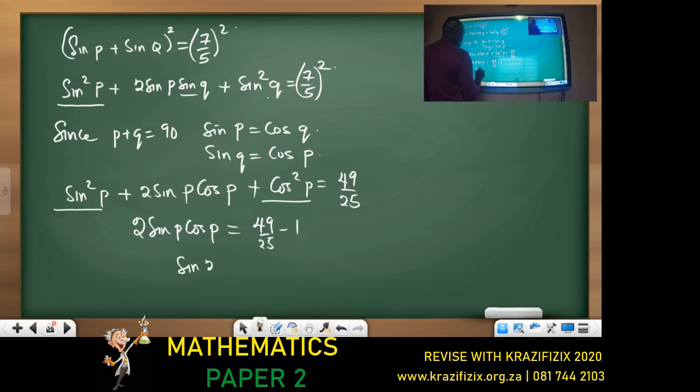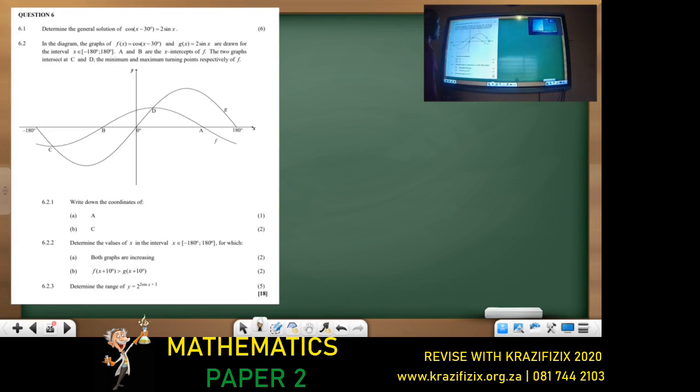That's where I'm going. Now, what is 49 minus 25 over 25? That will be 24 over 25. Very lovely dynamics here that we need to then play around with. That is so beautiful. Such a beautiful, beautiful question.